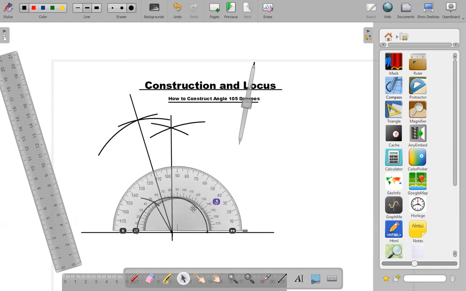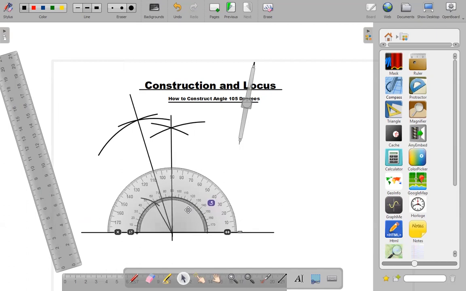Let's check whether we are there. We'll miss it a little by 1 point. This is 106 or 106.5 or so. But you have an idea of how to do it now.